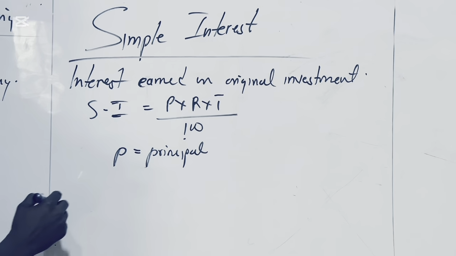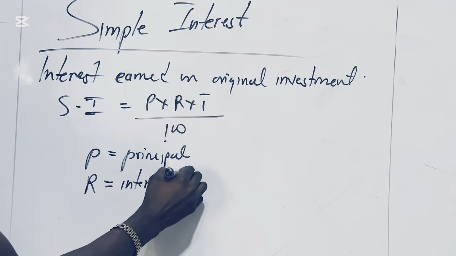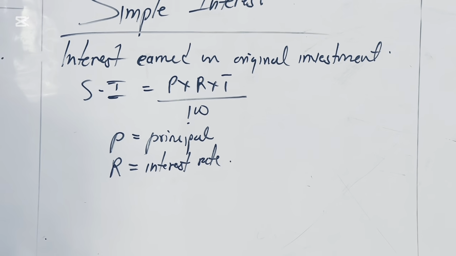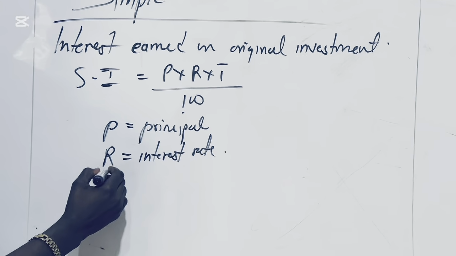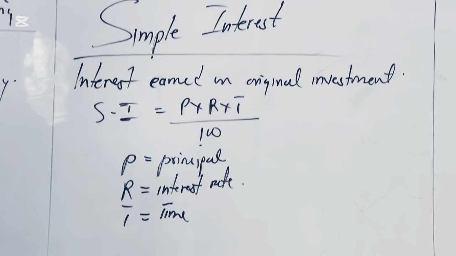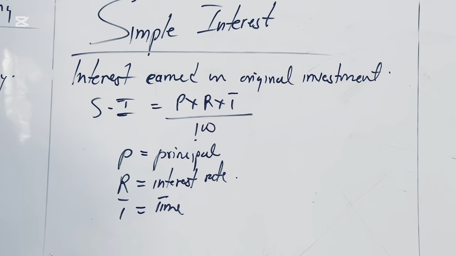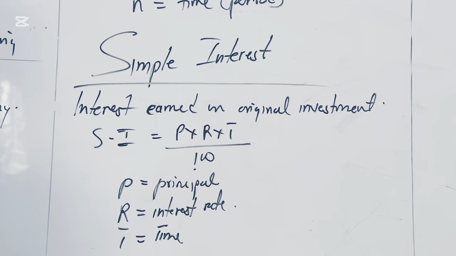And then R is our interest rate, normally given in percentage, that is why we have 100 here. And then the T represents our time.